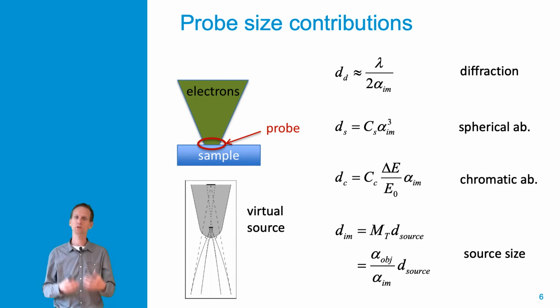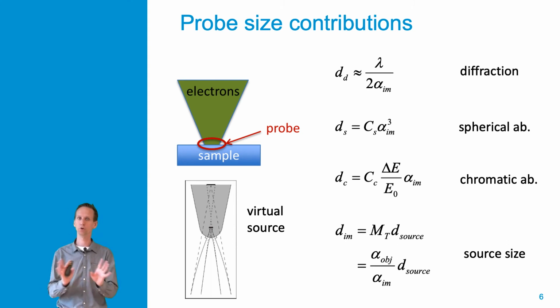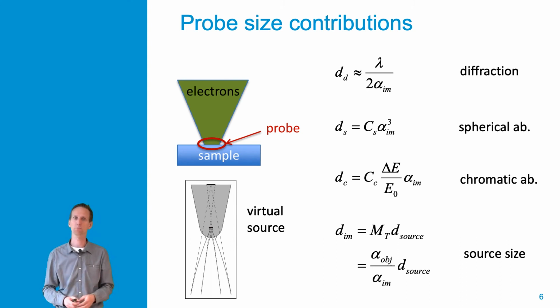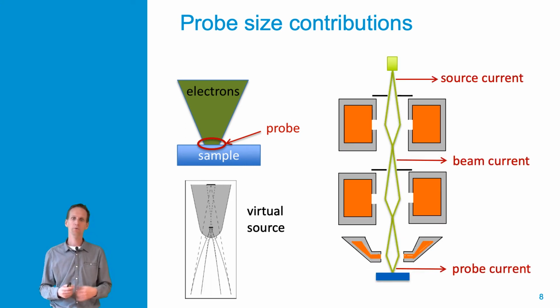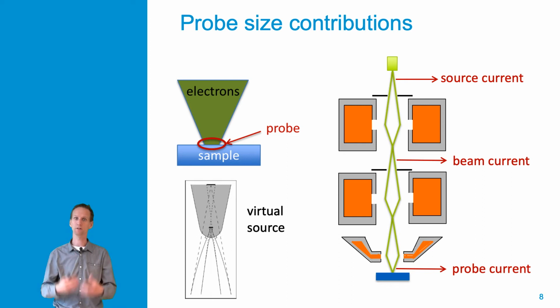So now we know how we extract electrons from the material and get a current down our column. So it's important to realize that the electron microscopy column for the rest consists of vacuum. We don't want the electrons to scatter once they have left the material. So all the environment is vacuum up till we reach the point where the electrons hit the sample. Now here you see a schematic depiction of an electron microscopy column. We see the source depicted in green on top.